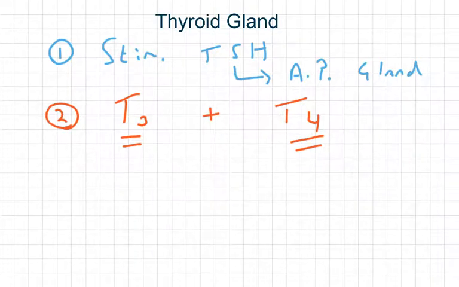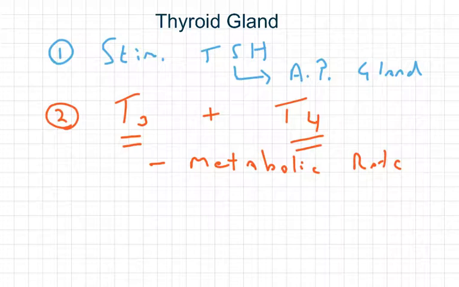Both of these hormones influence metabolic rate in the body. Also, they're permissive hormones. What this means is they permit the full effects of other hormones.